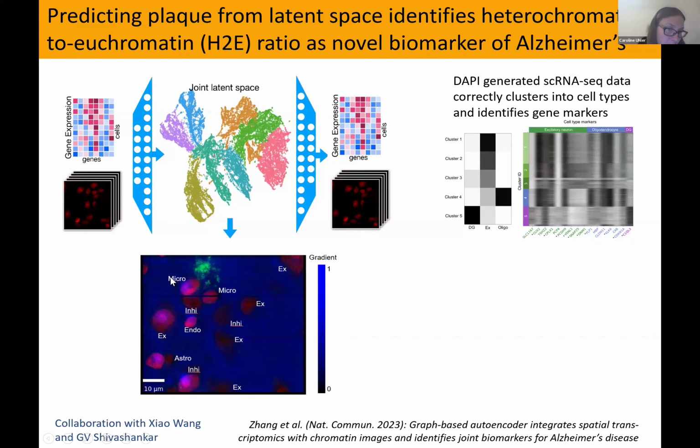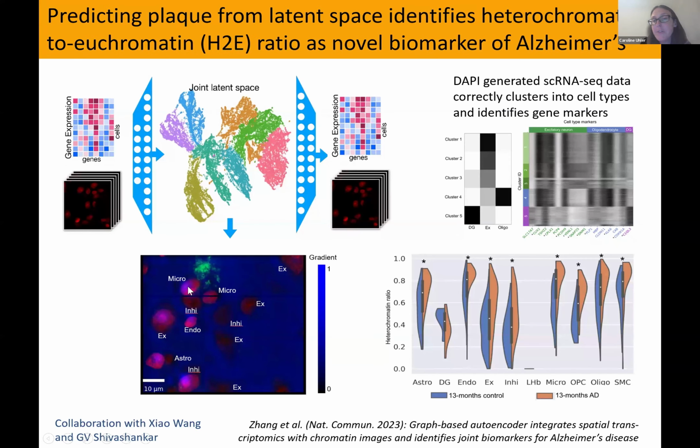When they looked at this data, they suggested immediately that what it's actually picking up is areas that are heterochromatized, so again, densely packed DNA. Once there is a suggestion that this is what the neural network is using, then that's what we're going to plot. You can plot the heterochromatin to euchromatin ratio versus gradients, and you see that it's super well correlated in all cell types. And so then you know that this is what the neural network is using.